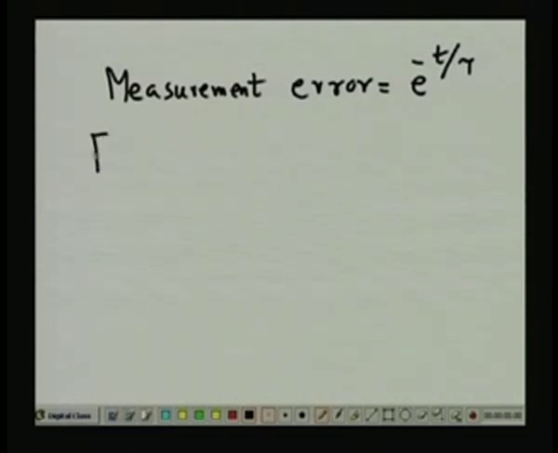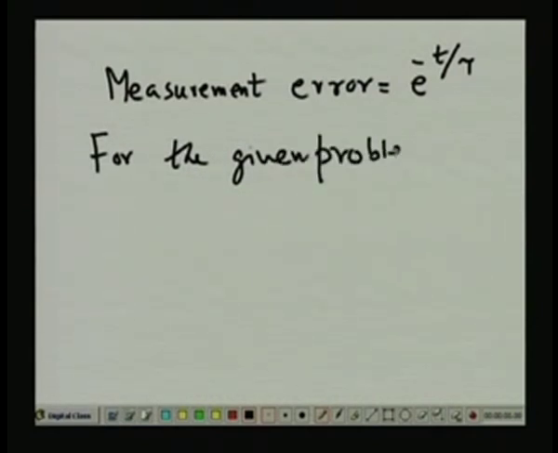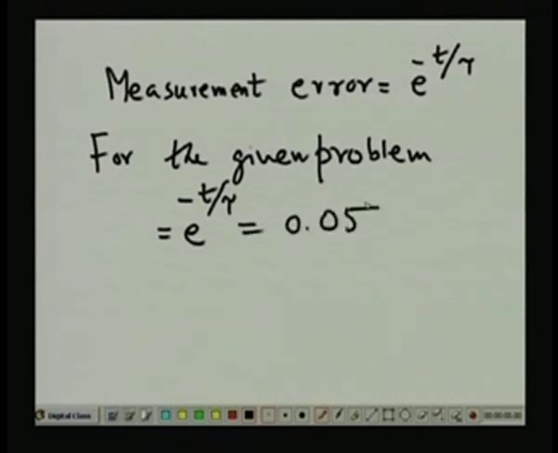Now, for the given problem, e to the power minus t by tau equal to 0.05 for t less than or equal to 5 seconds.